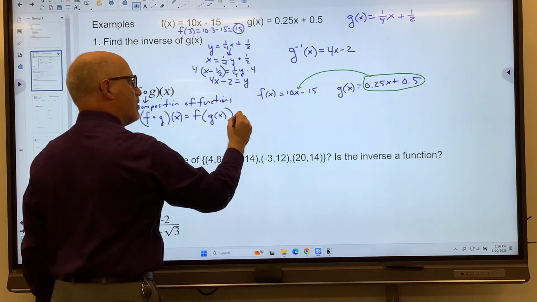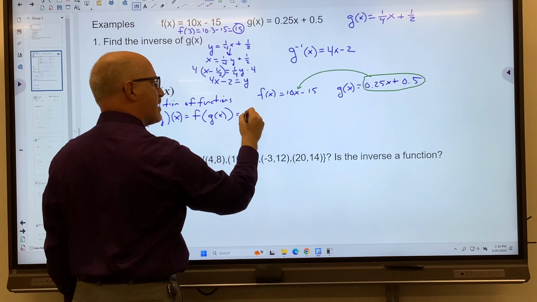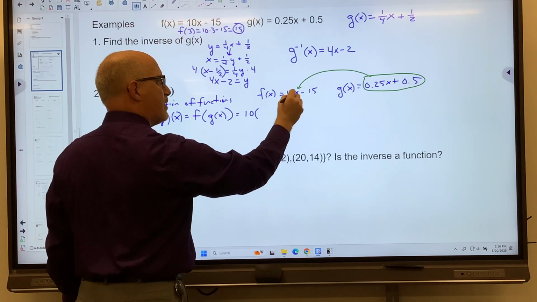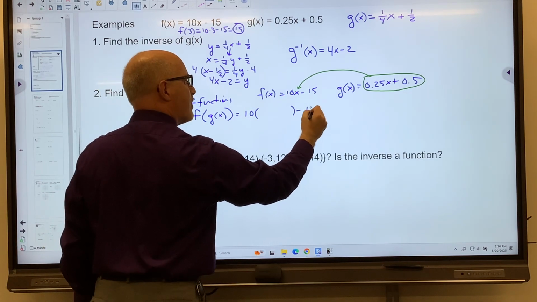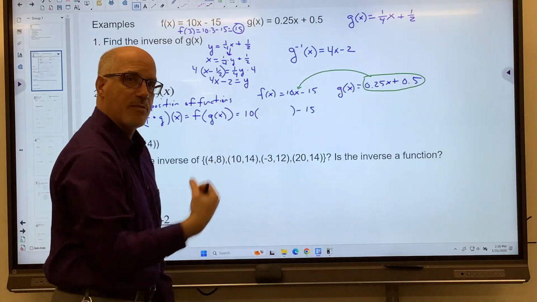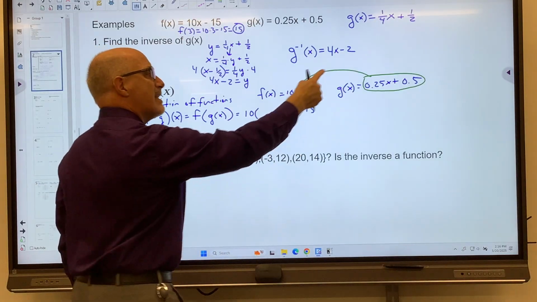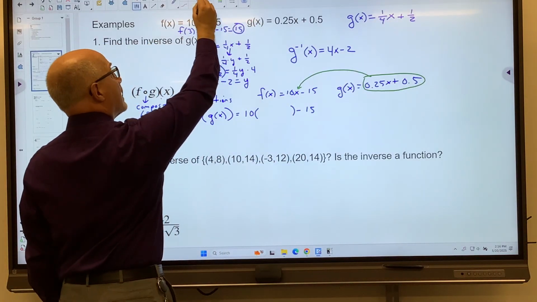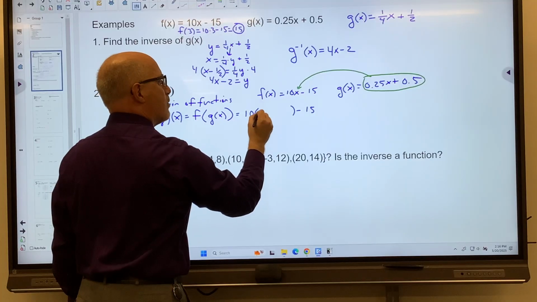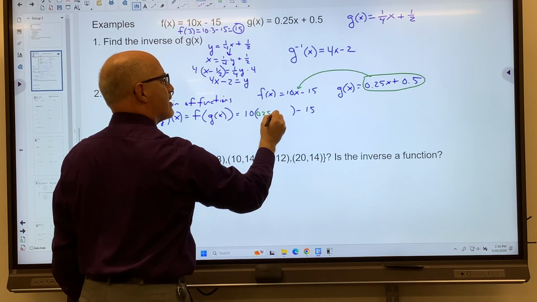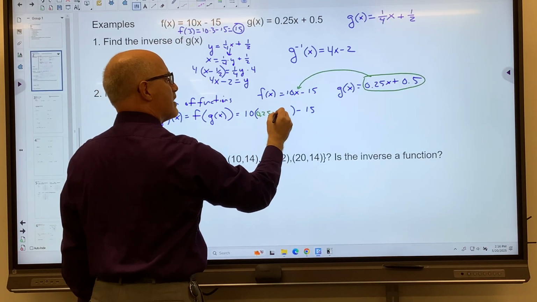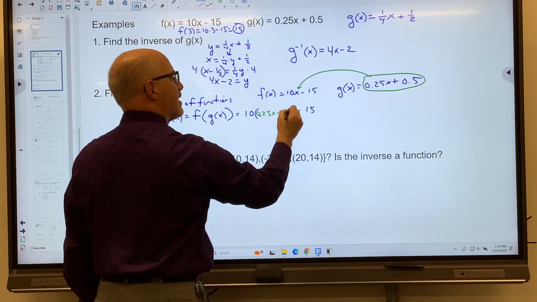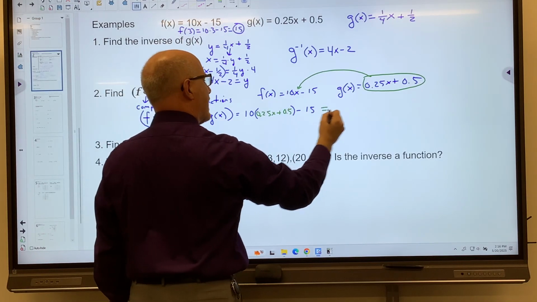So what this will look like is I take the f of x and I list it. I don't put the x there, I put a parentheses because the x is being substituted out. This is going to be substituted in. So I get 10 times, parentheses, 0.25x plus 0.5.